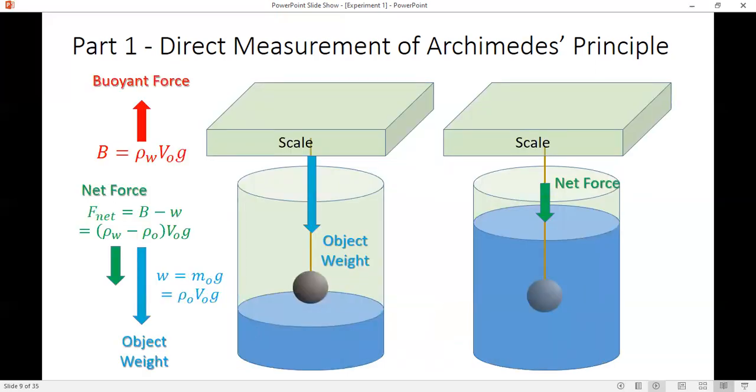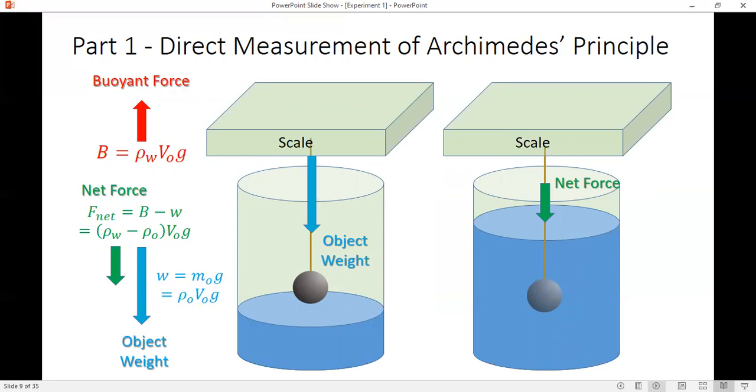Now, to do this whole experiment, we are going to measure the mass of the object dry and measure the mass of the object submerged. Okay. Now, truly, if we're measuring mass, we're measuring the amount of matter, and the mass of the ball doesn't change. What does change is actually the force.